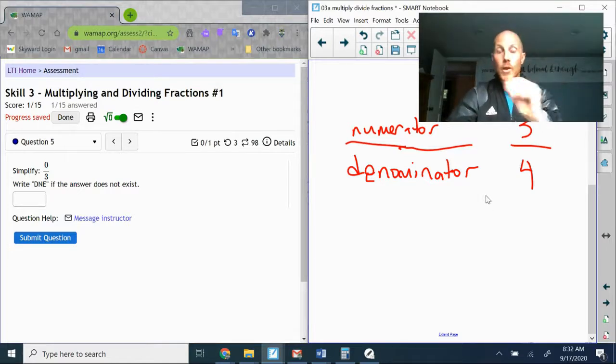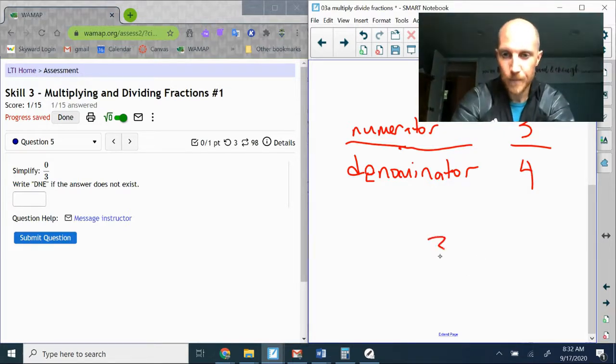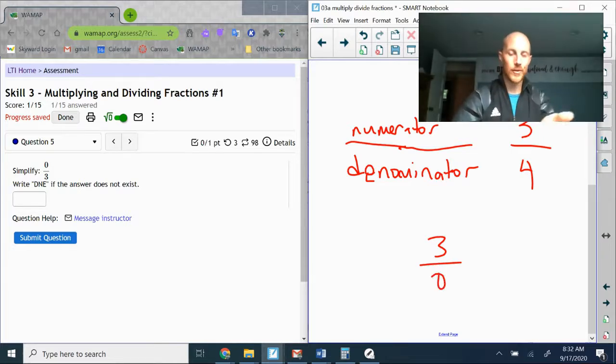Okay, so that's important for this question because it is not possible to have 0 as a denominator. That just doesn't even make sense if you think about it. If we said, as an example, 3/0, it's hard to say in the first place, but you can't have a situation where it takes 0 of something to create a whole, right?